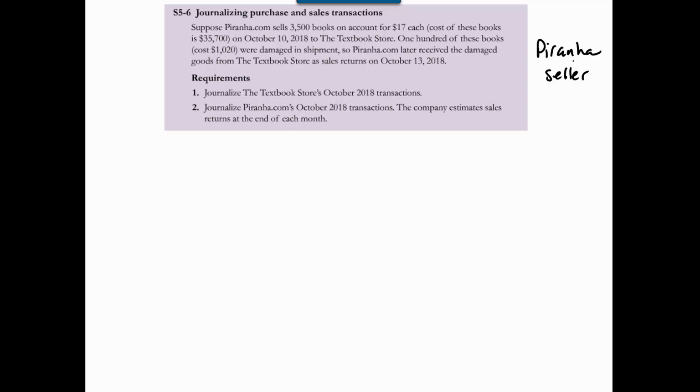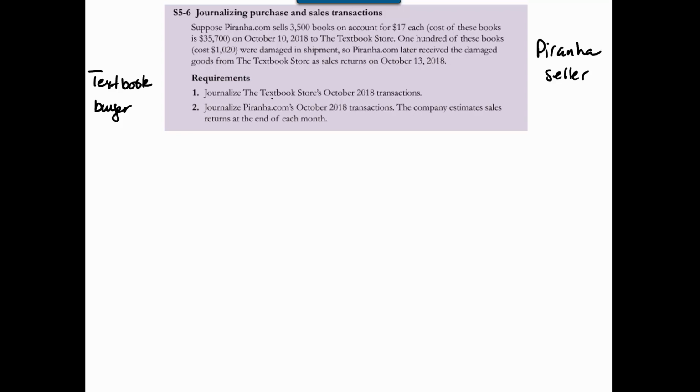The cost to me of that merchandise was $35,700, and they're selling them to the textbook store. So that is the buyer in this case. And then the textbook store returned part of it, and that's it. So we just have to do the sale and the return for these 2 transactions.